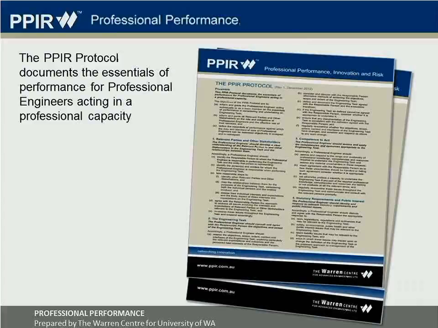We're not using the whole protocol, we're just using a simplified higher level version of it, using a template. These slides and the template that we're using have actually been developed by the Warren Centre. They're hoping that this will be something that is used by engineers widely in Australia. It's being used with students at UWA now, in this unit, and also now at the University of Sydney.